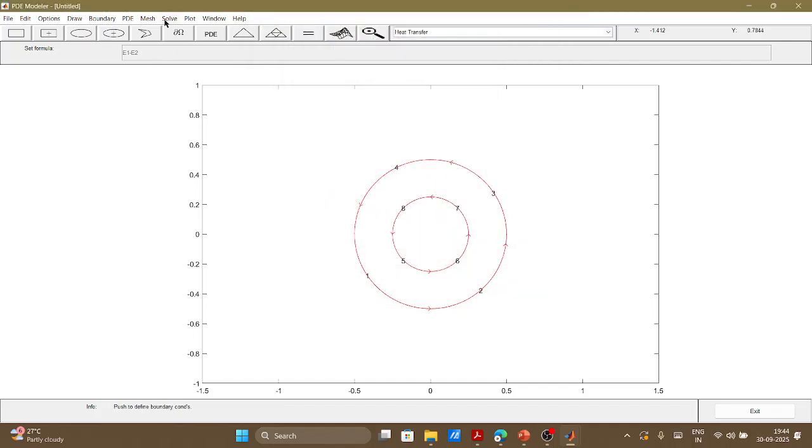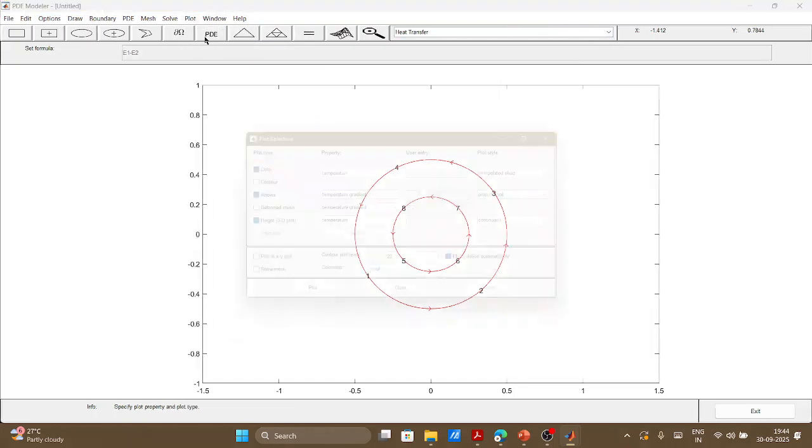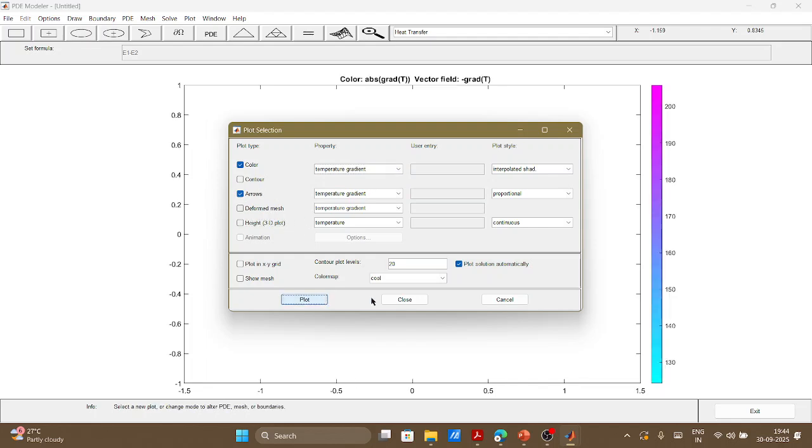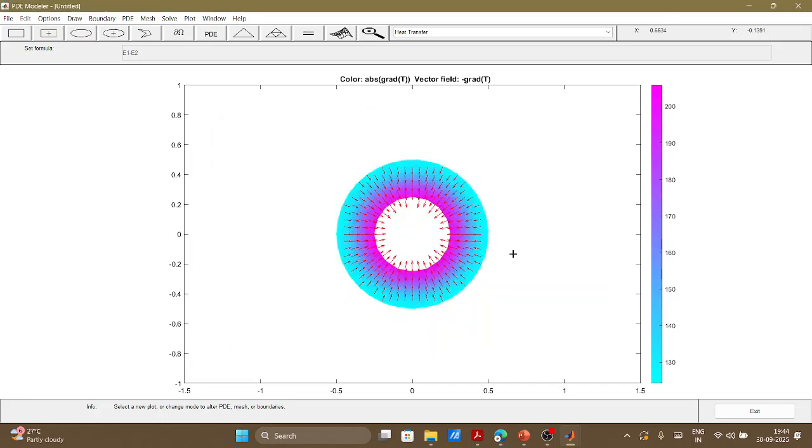Solve again. I want to see plot parameters instead of temperature. I want to see the temperature gradient. Let's not put a 3D height and then see. Okay, so the temperature gradient is much higher on the inside part than the outside part when I am increasing the k value. Inside the gradient is going 200, outside is 130.